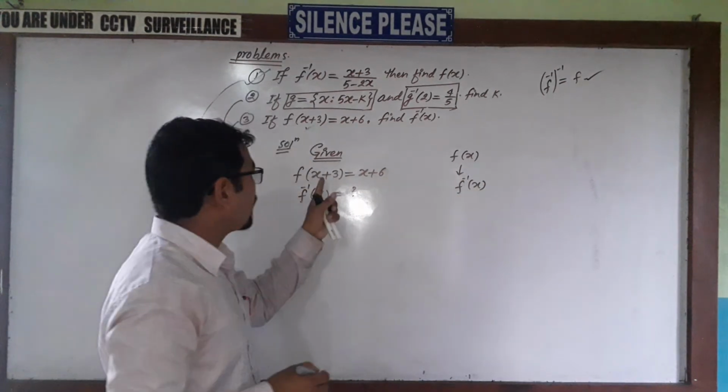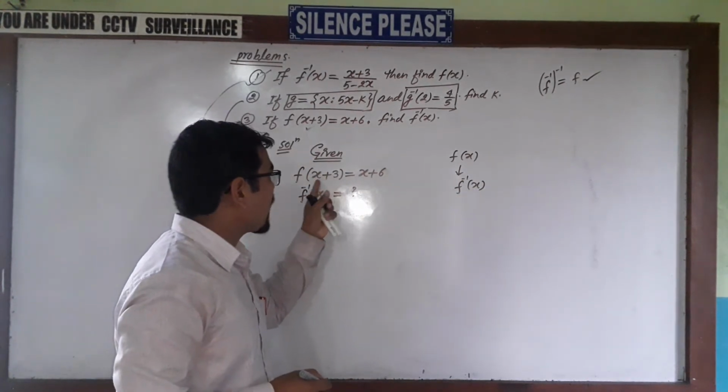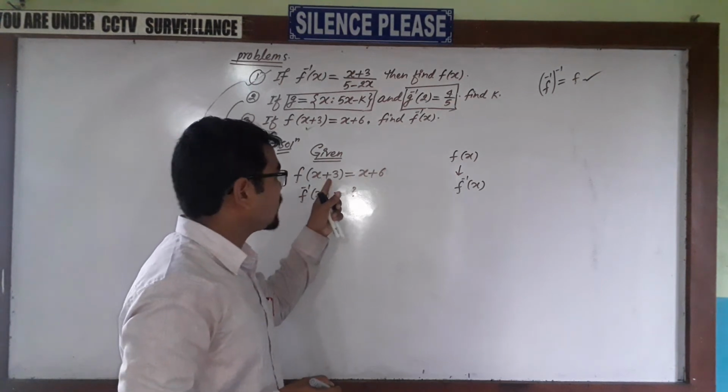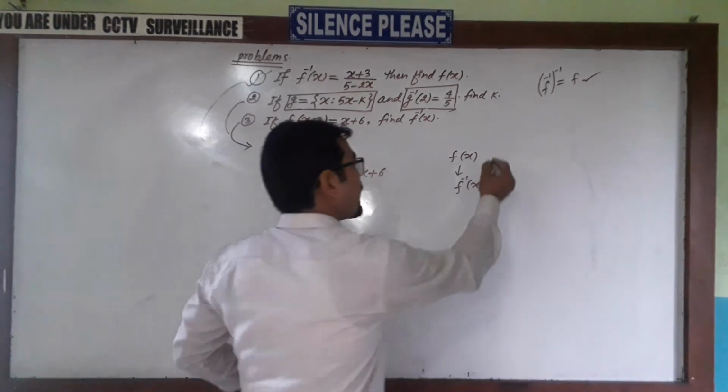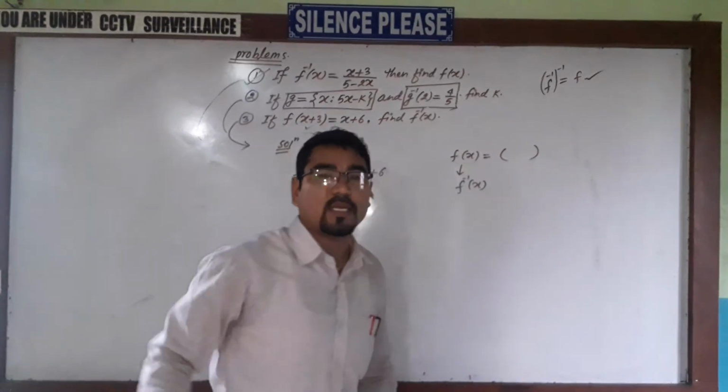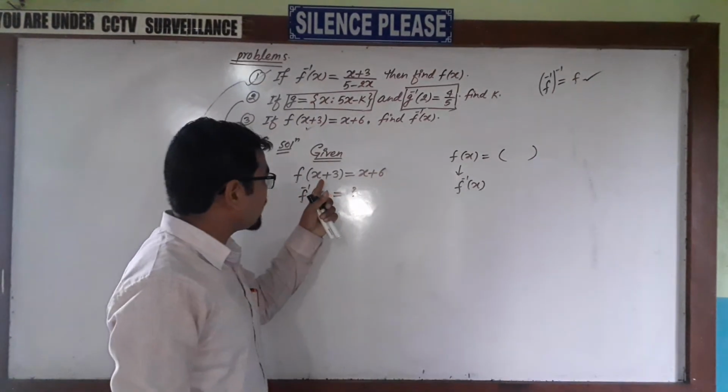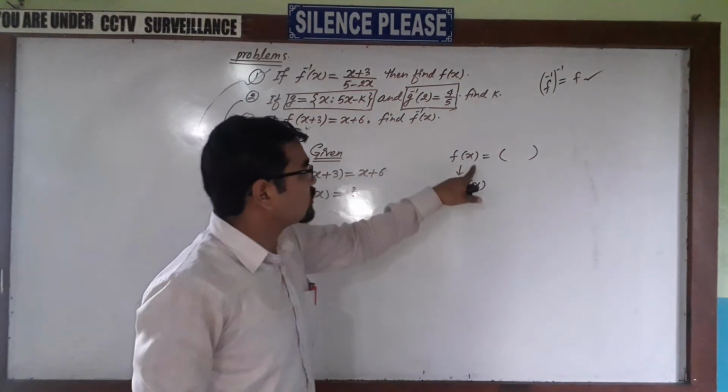F of x equal to something has to be there. So we have to express this x plus 3 in terms of x.